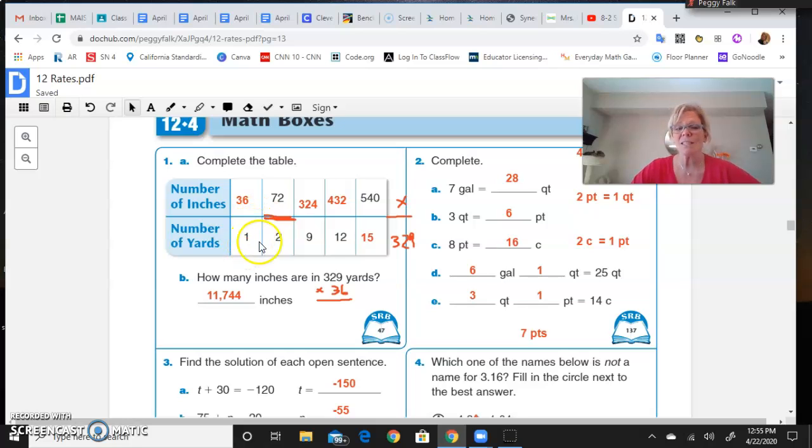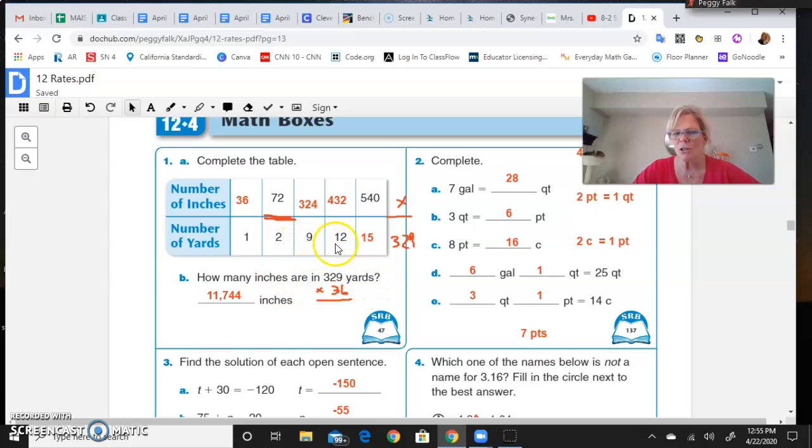So basically you're going to take the number of yards and multiply it by 36. Okay, so you'd get 324. 12 yards is 432. For 540 inches, you would have to do the backward strategy and divide by 36. You'd get 15 yards.